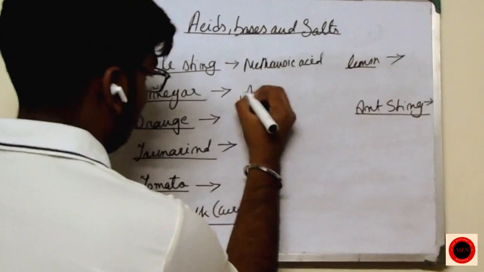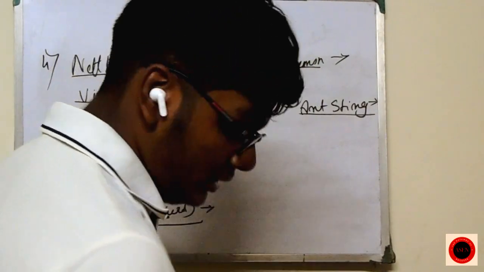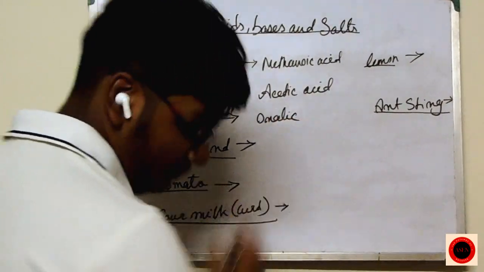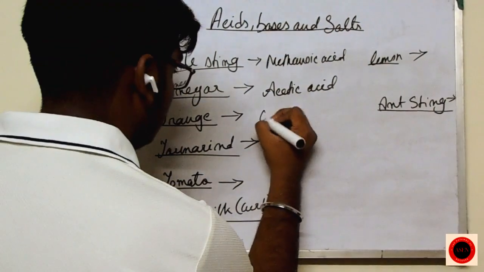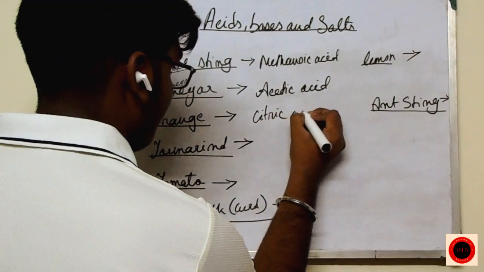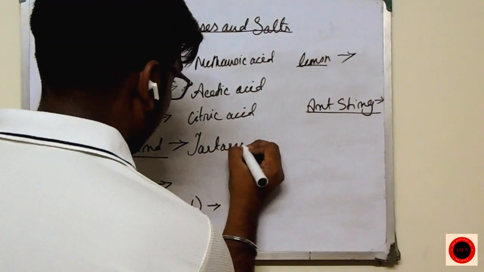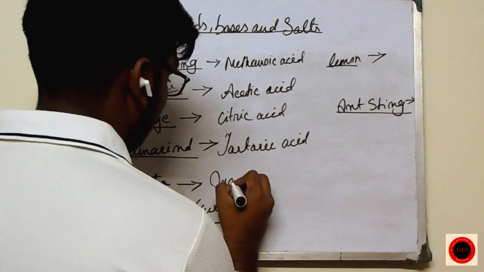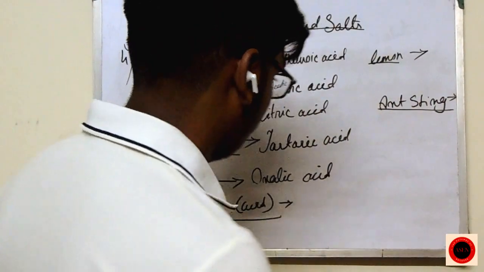Vinegar has acetic acid. Orange, sorry, lemon and orange have citric acid. Turmeric has tartaric acid. Tomato has oxalic acid. Sour milk or curd has lactic acid.